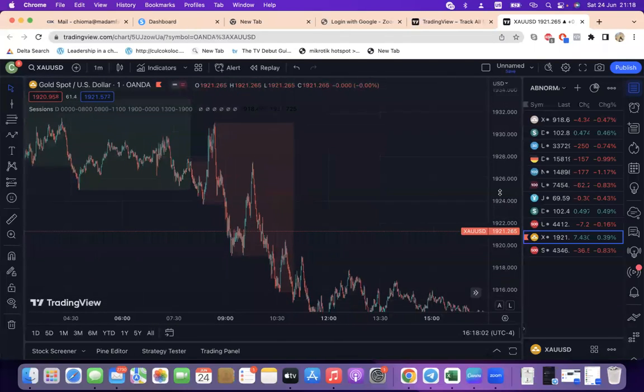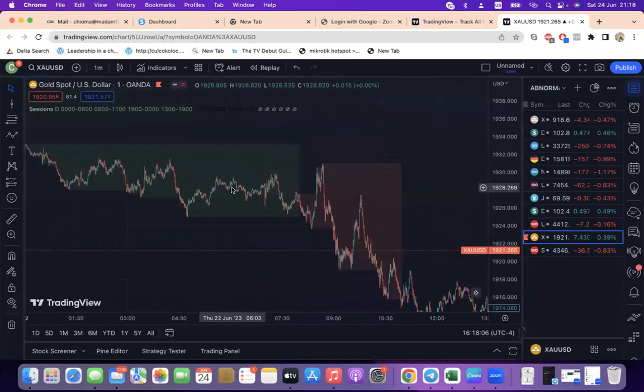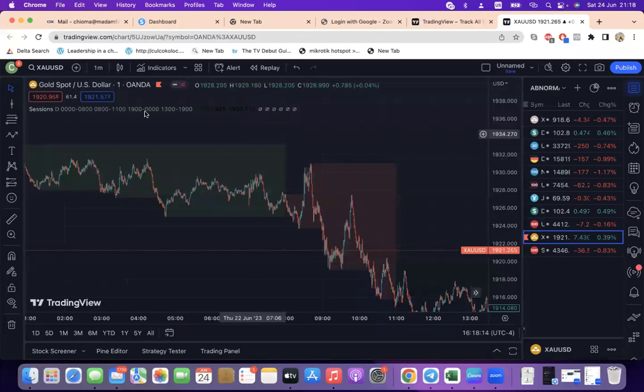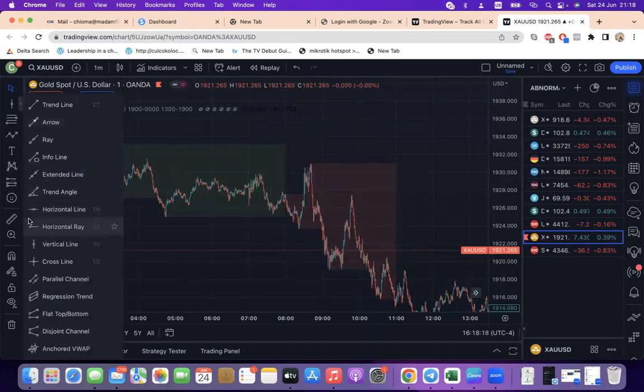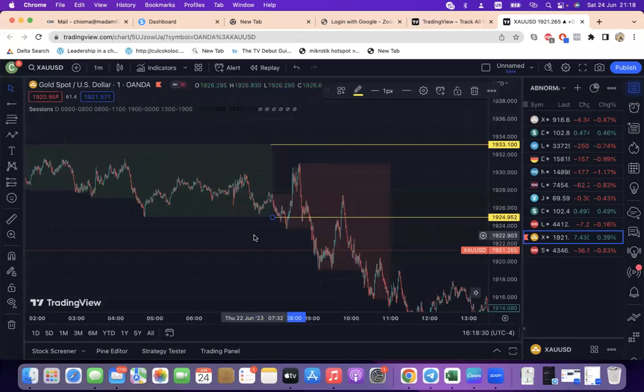Now, looking at this, you can clearly see London session, New York session, London session, New York session. This is the high of the London session that has already been marked right there. This is the low of the London session that's already been marked right here.